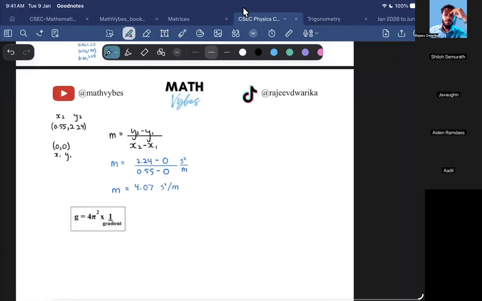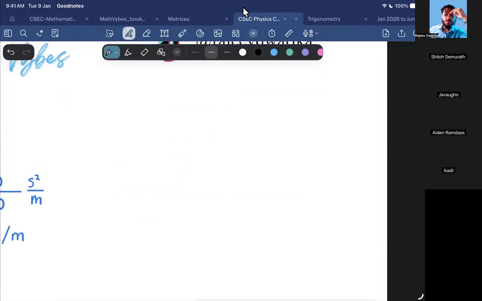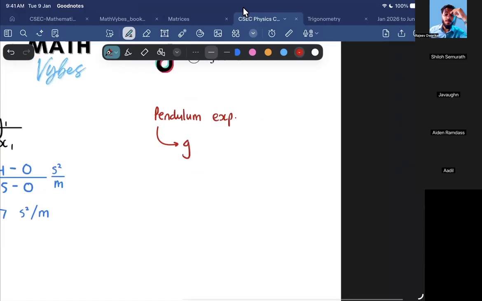So again, guys, for the pendulum experiment, you could use this to find the gravitational field constant G. Do you all remember how the pendulum experiment went?